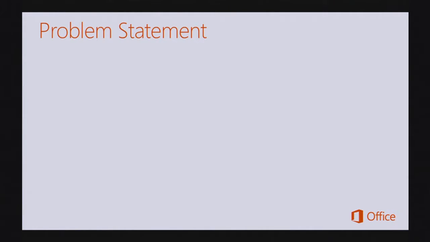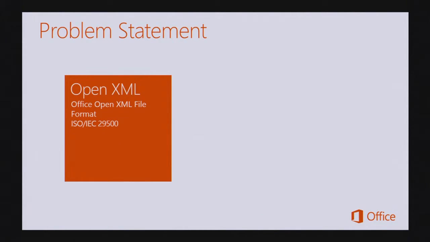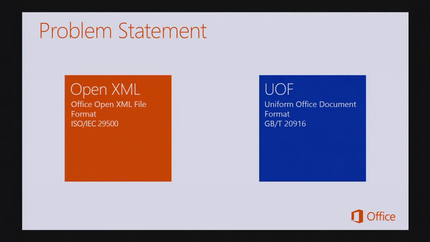So Microsoft supports most of them, but the other file format we just mentioned is identified by the Chinese document standard community, named UOF, Uniform Office Document Format. This has been a standard in China, that's GB, meaning standards in China. Microsoft Office itself couldn't support the UOF file format.